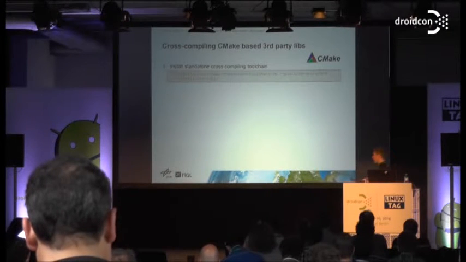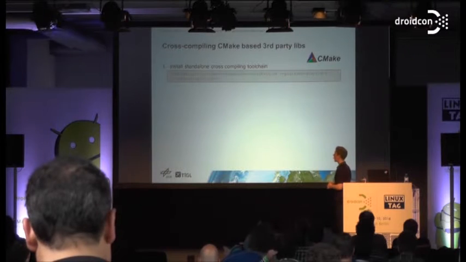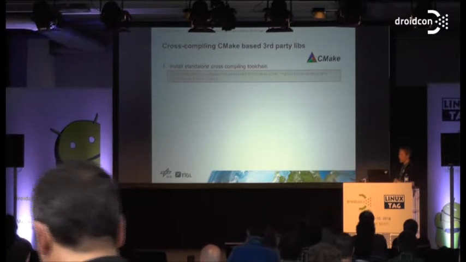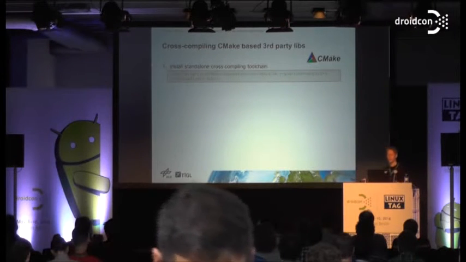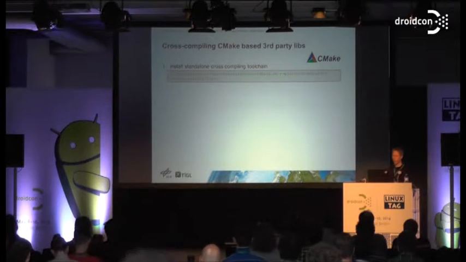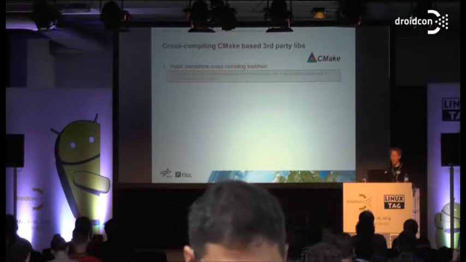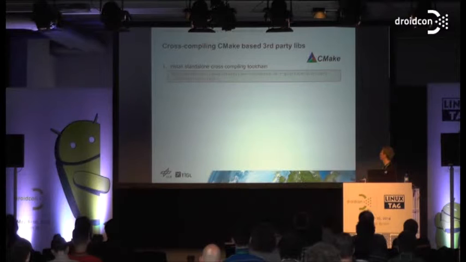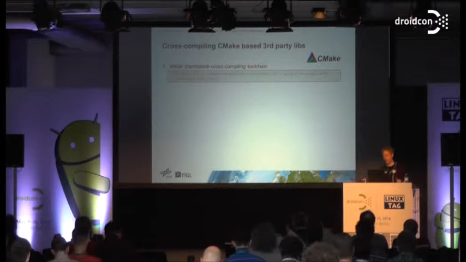So the next step, we had to compile that after patching, and it's a CMake-based toolchain. What you can do is install on your computer a standalone cross-compiler toolchain with the NDK. The NDK has a script, make-standalone-toolchain, where you just define your target platform and the target directory you want to install to, and then you get a complete standalone toolchain and use that for cross-compilation.